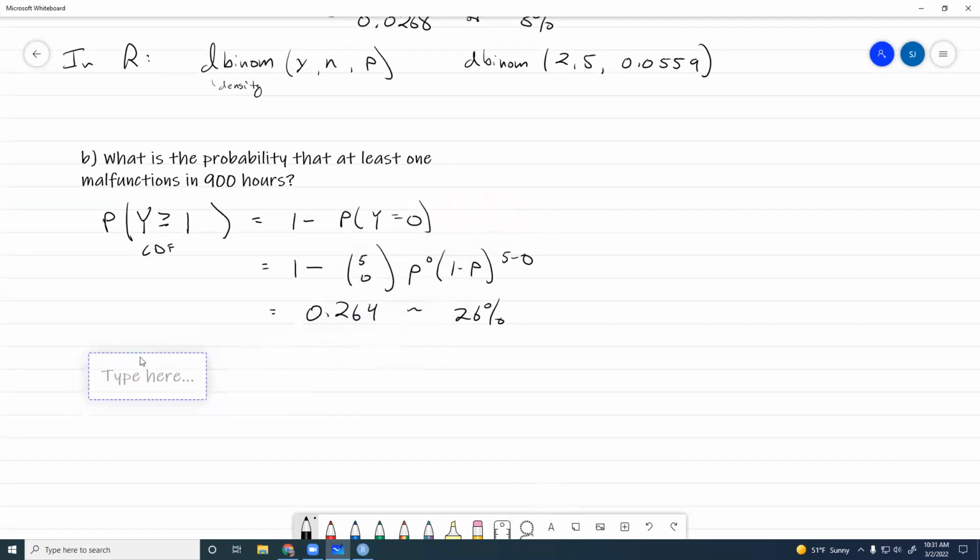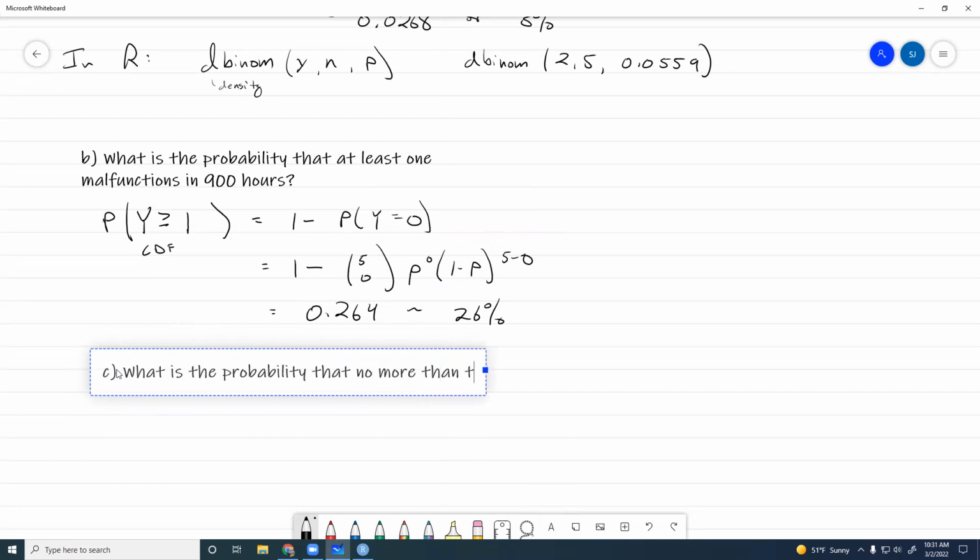All right, one more example. Don't want to beat this thing too much, but we've got to get a CDF up in here. What is the probability that no more than 2 malfunction within 900 hours?